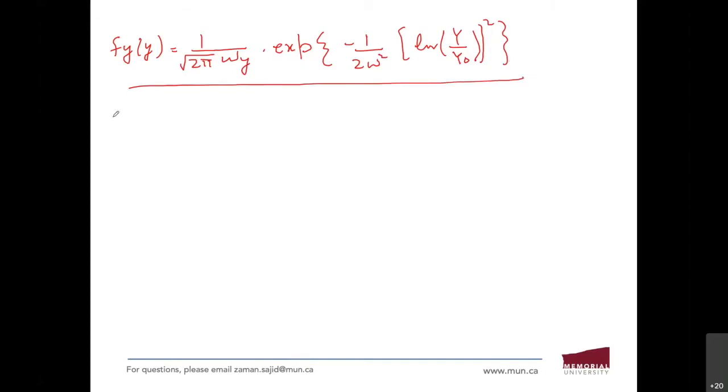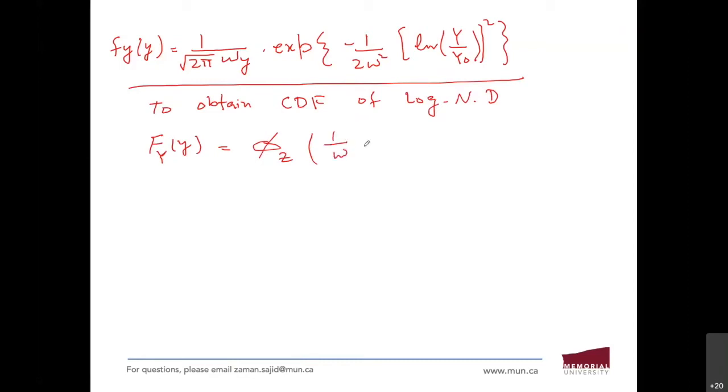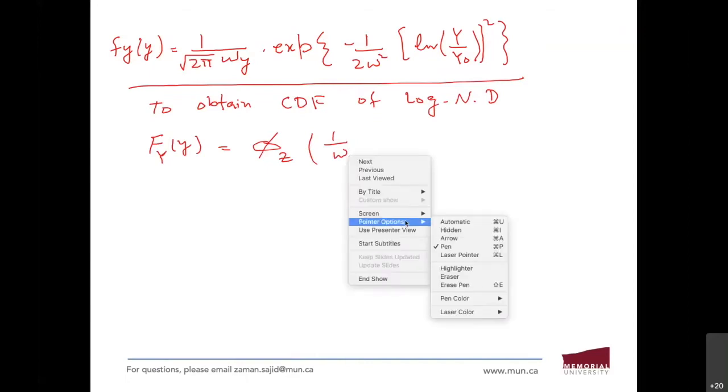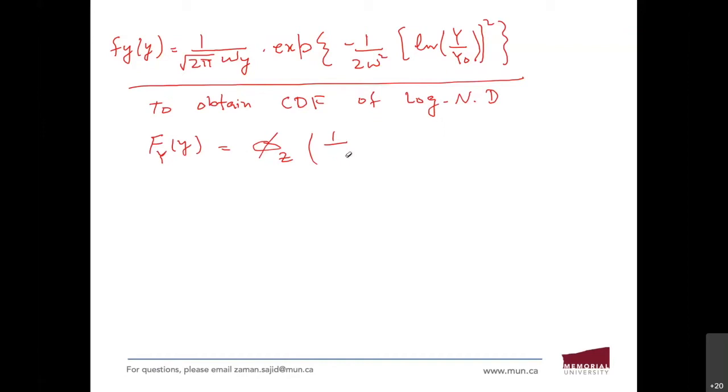Now in order to obtain the CDF of log normal distribution, we will use F in caps, the uppercase, for the CDF, which is equal to phi of z, and this will be 1 over w times the natural log of the ratio of y and y naught.